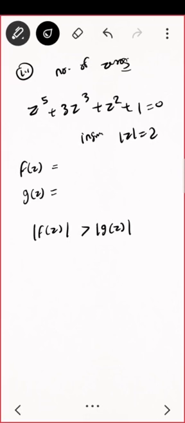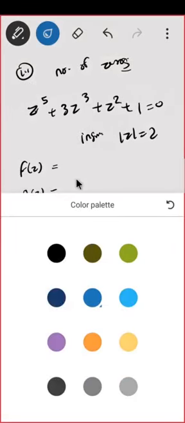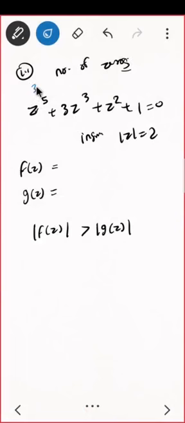So you should do one thing: put 2 in place of z and get the values. 2 raised to 5 is how much? 32, right. So this is giving me 32. This is giving me how much? 24. This is giving me 4 and 1.